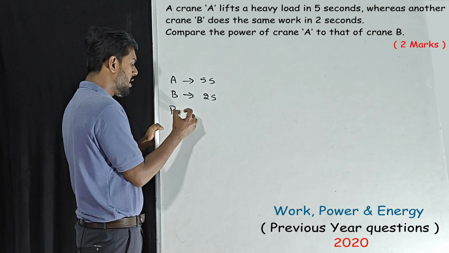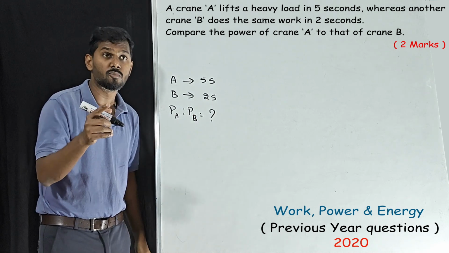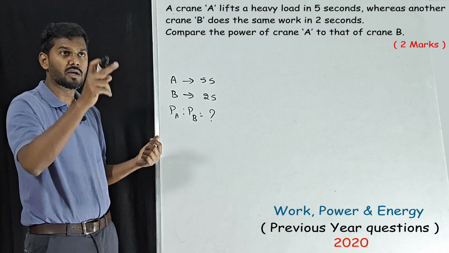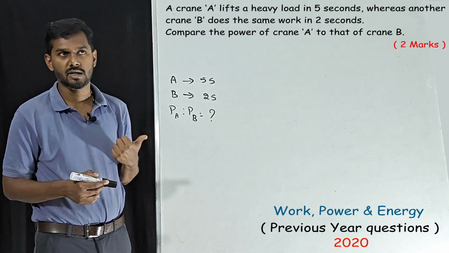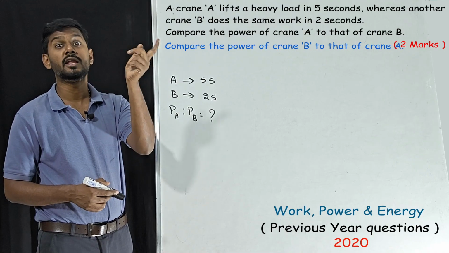Power of A to power of B. We need to find the answer. See, in some questions you have to be very careful. When it comes to comparison, sometimes they may change the question at the end, like this: compare the power of crane B to that of crane A.